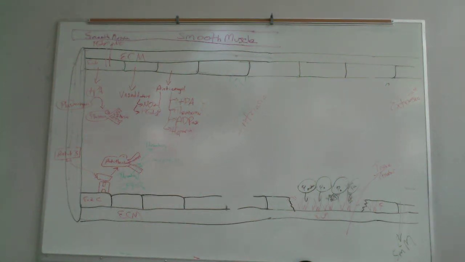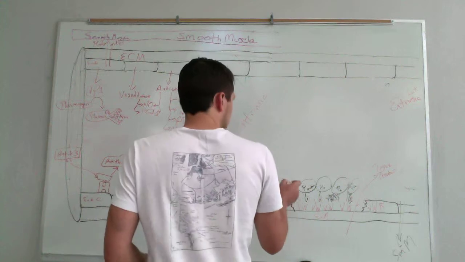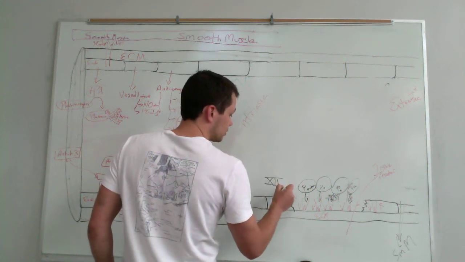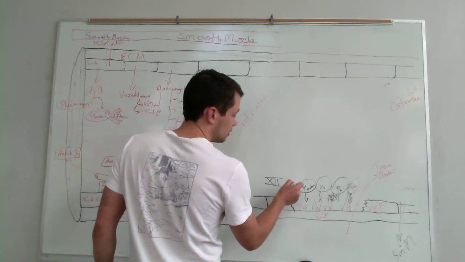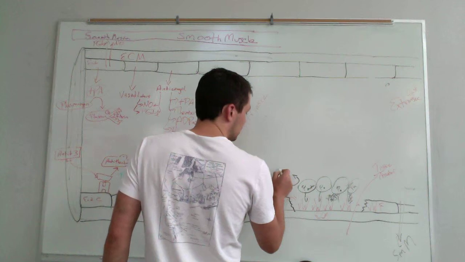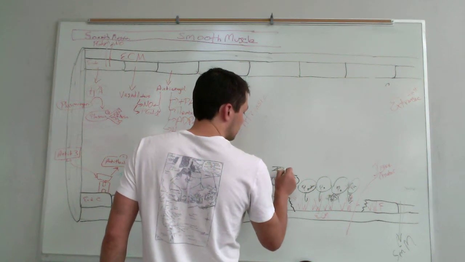So the intrinsic pathway starts off with your activated platelets. What happens is you have coagulation factor 12, which comes in and contacts your activated platelet, and it becomes activated by this.